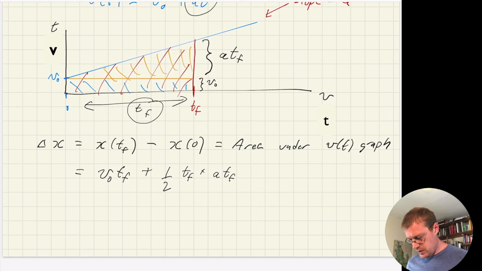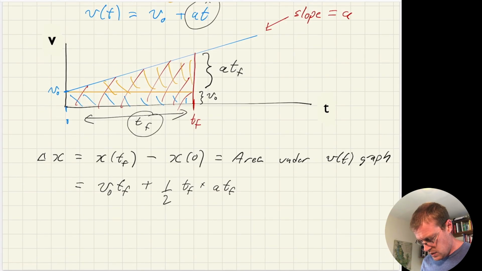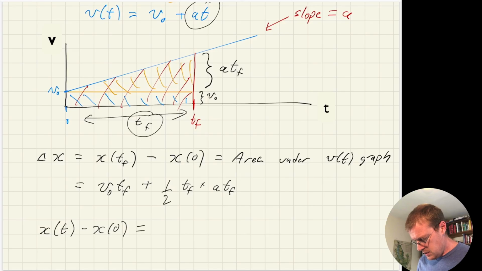Or in other words, x of t minus x of 0 is v0 tf plus 1/2 a tf squared.